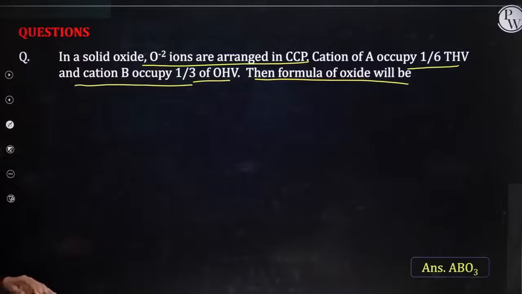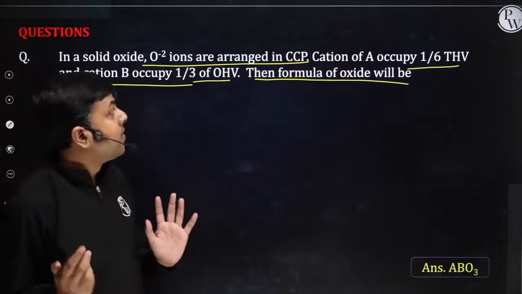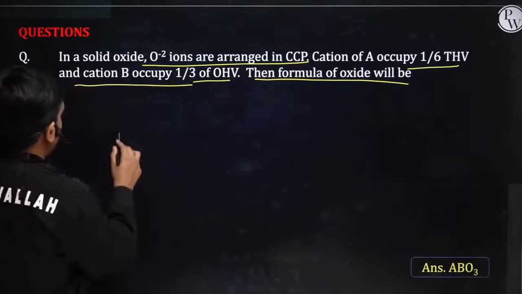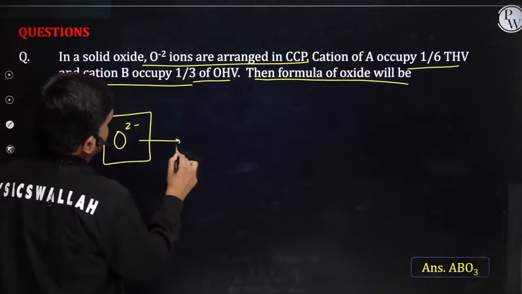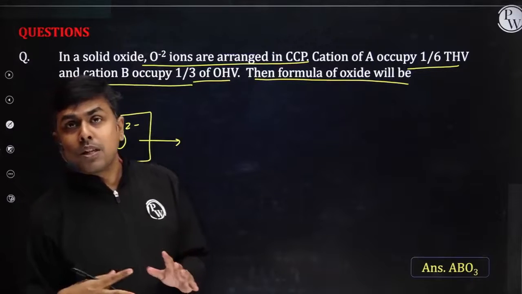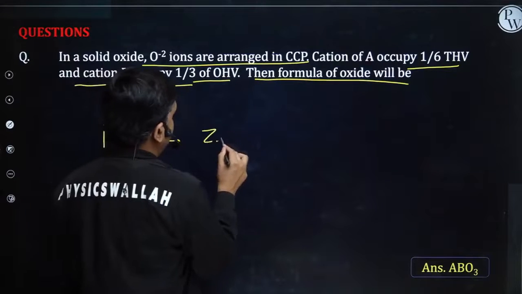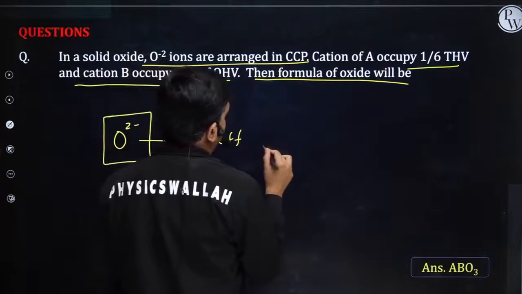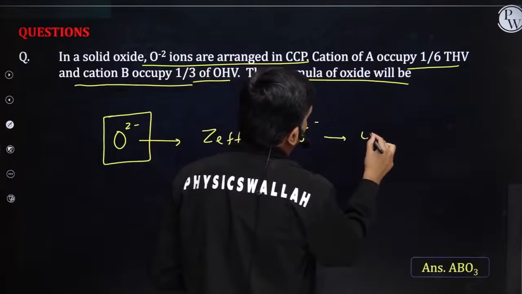Students, I'm having O2 minus arranged in CCP. What's Z effective for the cubical closest packing? 4. So Z effective for O2 minus is going to be 4.